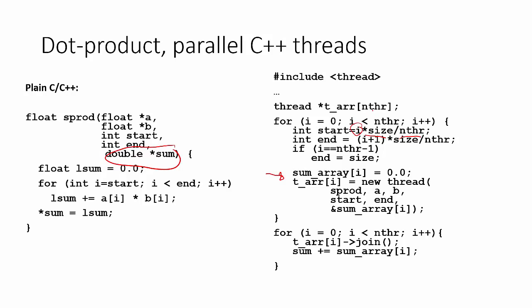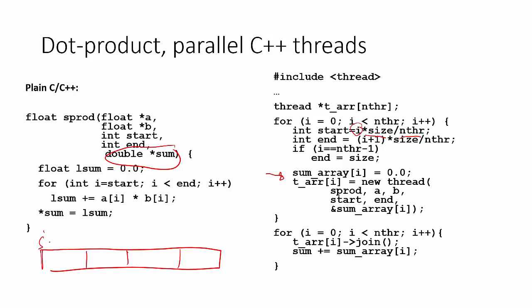We multiply that by the thread number for each started thread. So we have a for loop here going from 0 to number of threads. Basically, we take the array and divide it by n threads. Let's say n threads is 4.